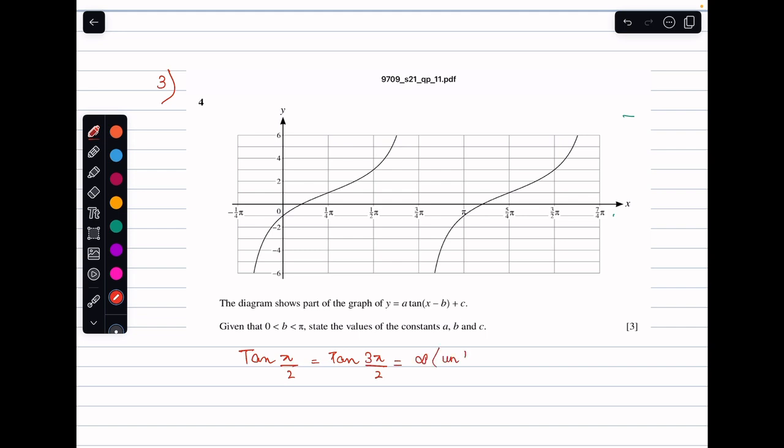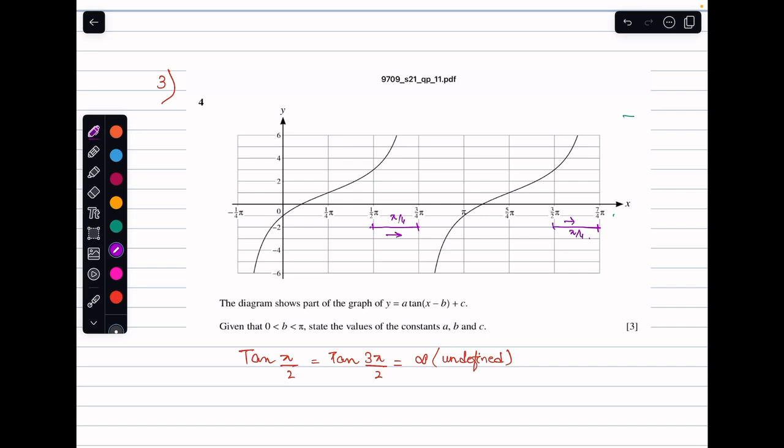So instead of pi by 2 and 3 pi by 2, we can see that these undefined values are at 3 pi by 4, meaning from pi by 2 it has been translated to 3 pi by 4, and then from 3 pi by 2 to 7 pi by 4. And what we see here is that they have been translated by positive pi by 4. Here also I can see the translation, which is a positive pi by 4.